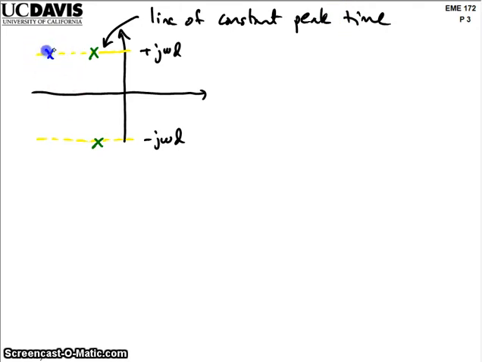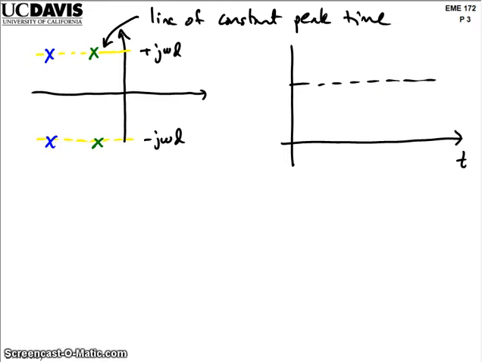So if we have two sets of poles, the green ones and the blue ones, their step response will look like this. Okay, so this peak here is TP.